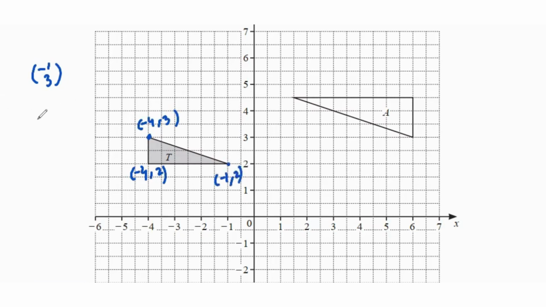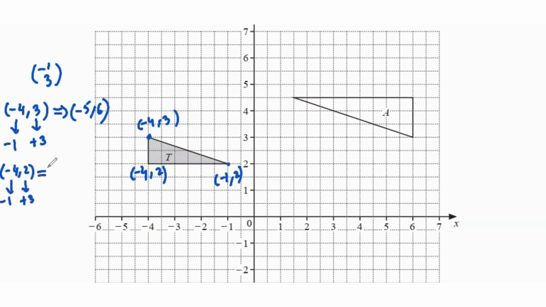So if we translate the first coordinate, which is negative 4, 3, you will subtract 1 from this and add 3 to this, which will give us negative 5 and 6. Then for the next point, which is negative 4 and 2, again subtract 1 and add 3. So that's going to be negative 5 and 5. And for the last one, negative 1 and 2, subtract 1, add 3 again. That's going to be negative 2 and 5.